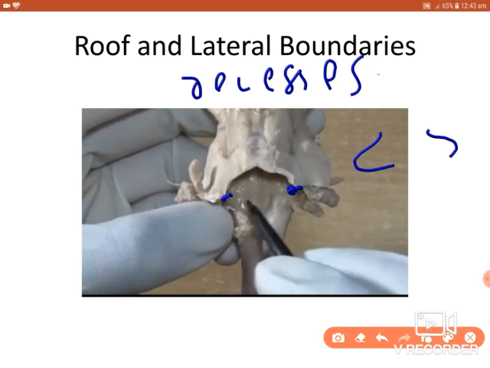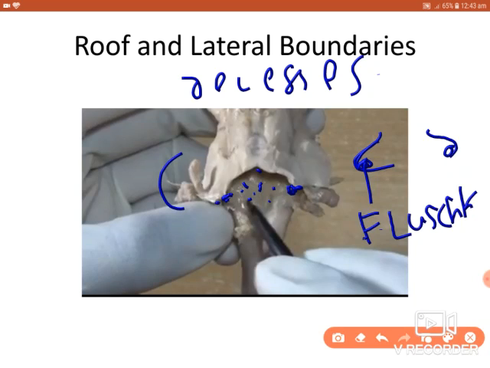At this lateral recess we get a foramen. That foramen is called the foramen of Luschka. We have seen it in the previous figure. The CSF in this cavity communicates through this foramen with the pontine cistern outside. It relates to the pontine cistern.